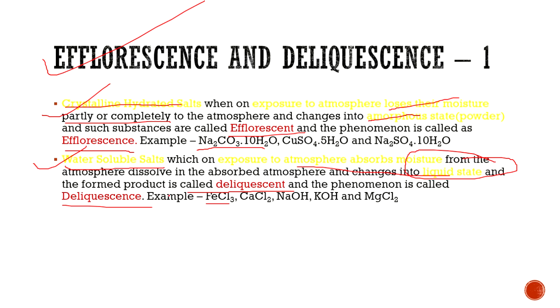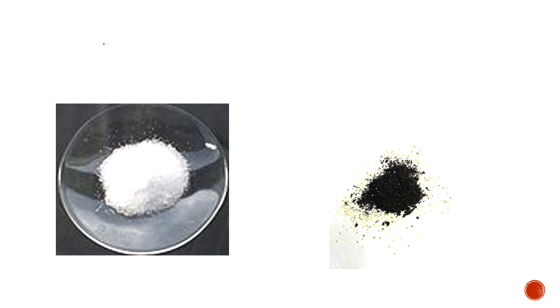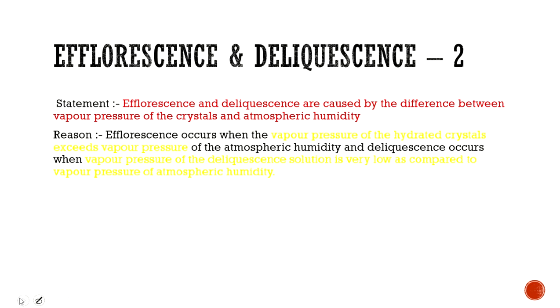When a water soluble salt is exposed to the atmosphere, it absorbs moisture and changes into a liquid state. This product is called deliquescent, and this process is known as deliquescence. Examples: iron chloride, calcium chloride, salt. Just one or two examples from each. This is washing soda and this is iron chloride. I just gave diagrams, that's all.